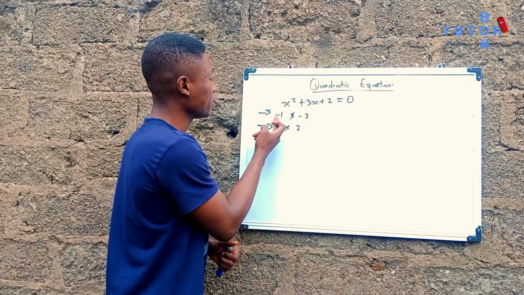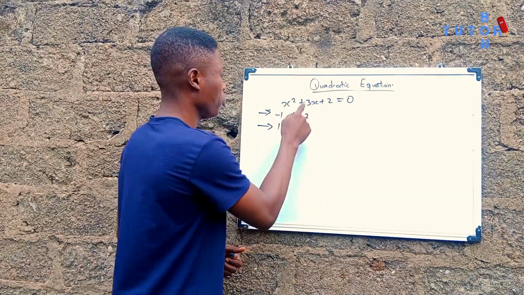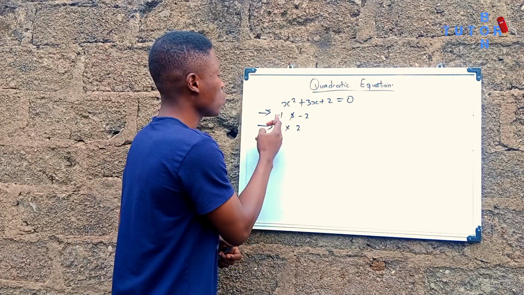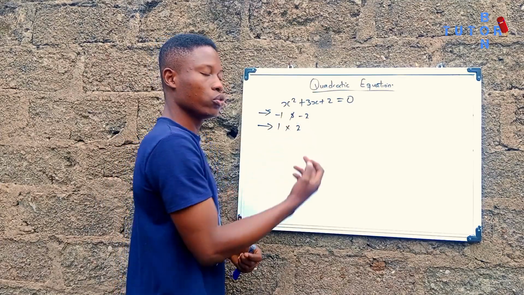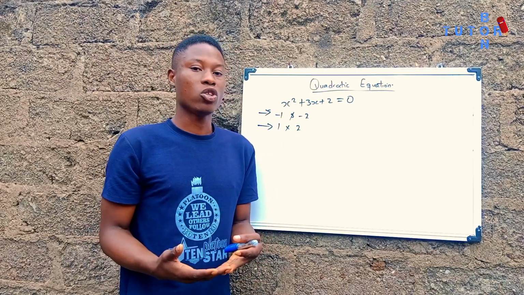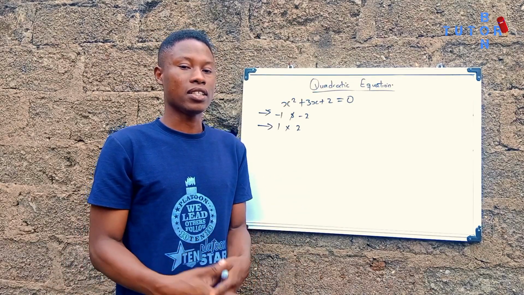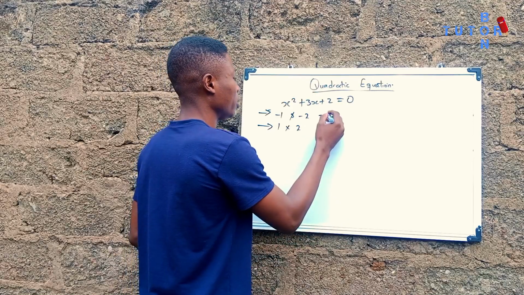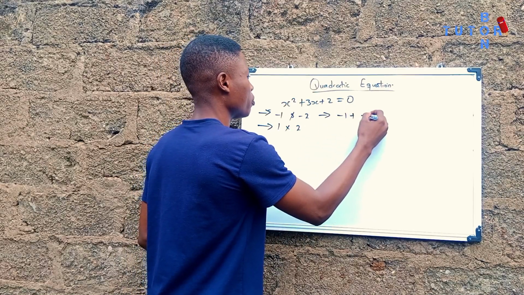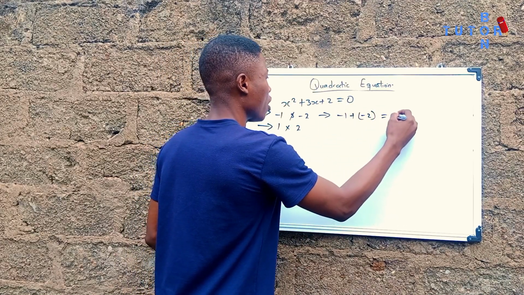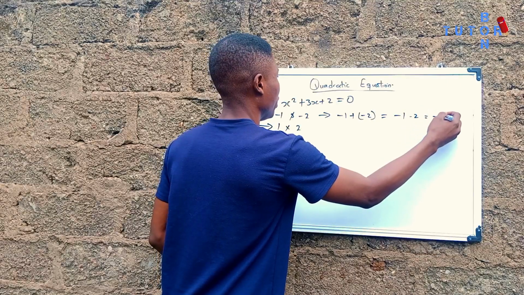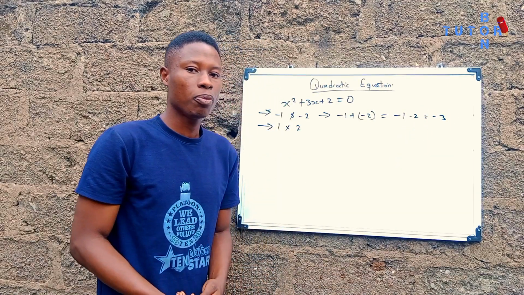If you add minus 1 and minus 2, you have minus 1 minus 2, which is minus 3. It does not give you plus 3.